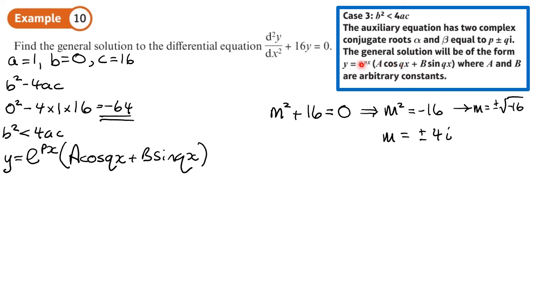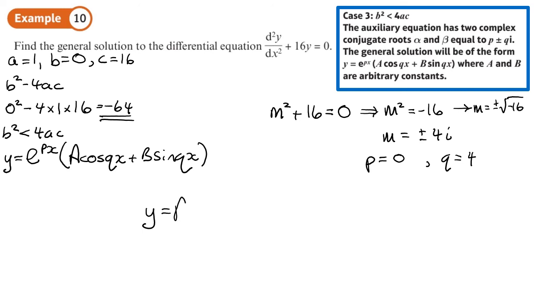Looking at the values of p and q that go in the general solution, p is going to be 0 this time, and q is going to be 4. So our final answer is going to be y equals e to the 0x. Now, since p is 0, this just becomes 1, so we don't need that anymore.